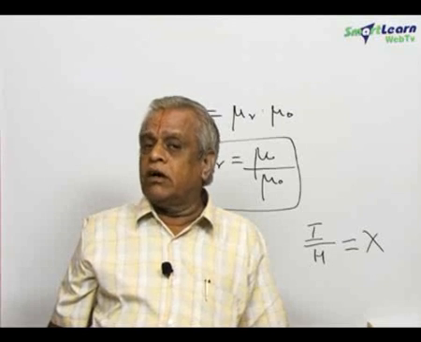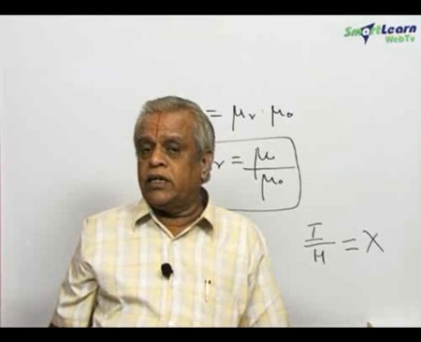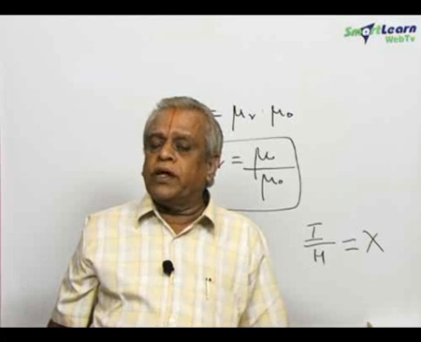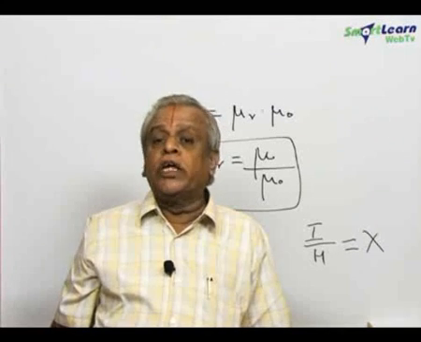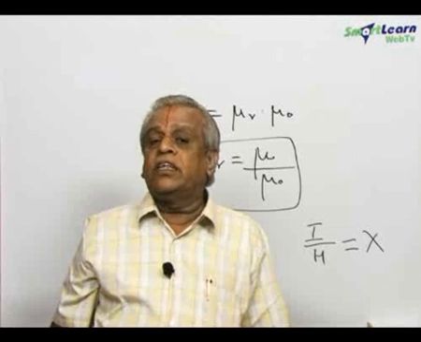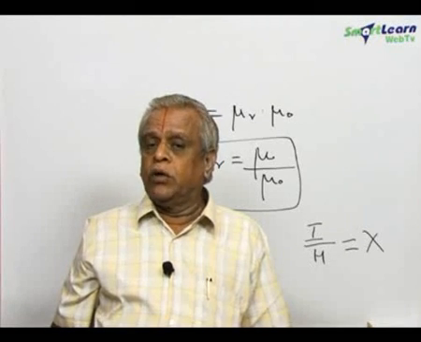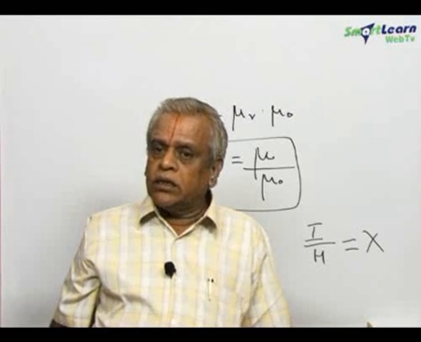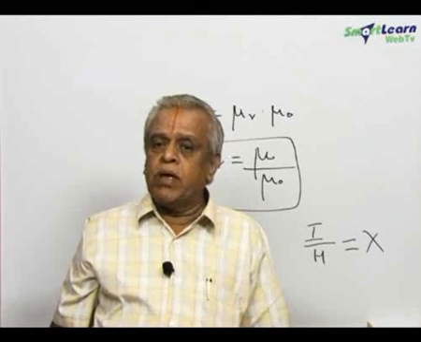What is the meaning of negative susceptibility? The magnetization acquired by the substance will be opposite to the direction of the magnetizing field. So, that is a diamagnetic substance. So, we have got susceptibility, intensity of magnetization, permeability.